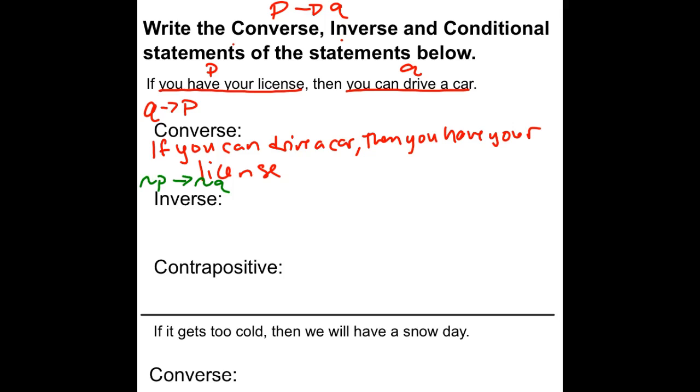The opposite of having your license is not having your license. So we say if you don't have your license. And we negate the second half as well. So the opposite of you can drive a car is you can't drive a car.